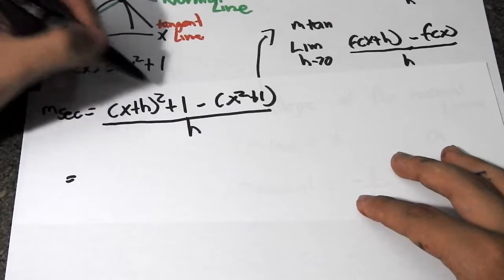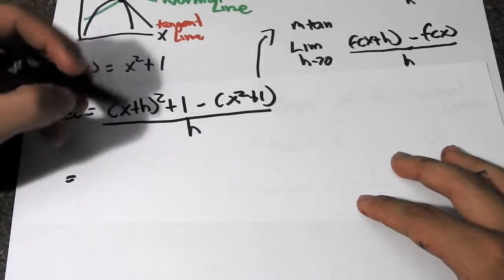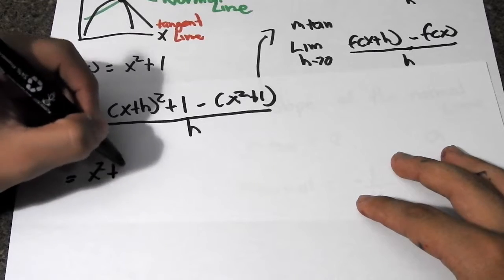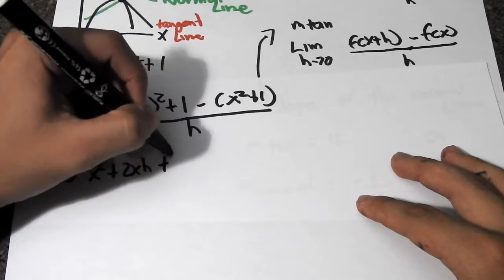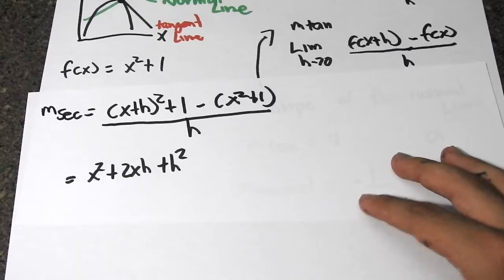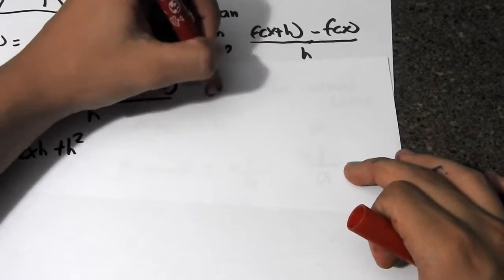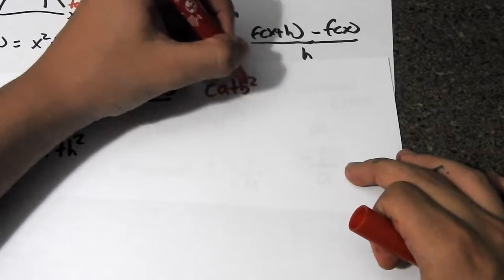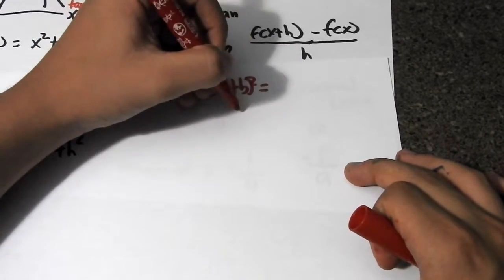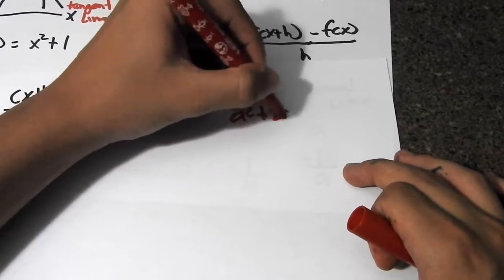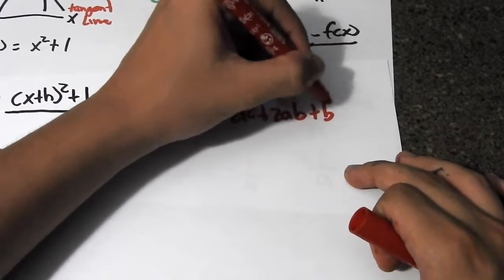So we have here a binomial expansion: x squared plus 2xh plus h squared. You should remember that a plus b squared is equal to a squared plus 2ab plus b squared.